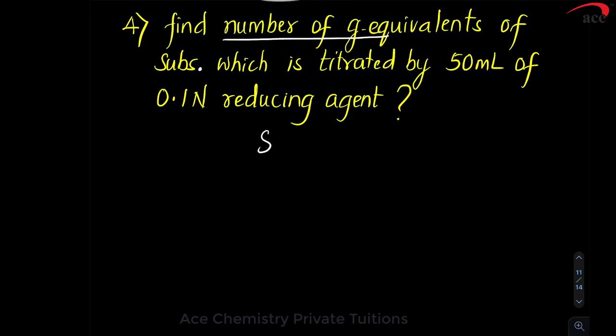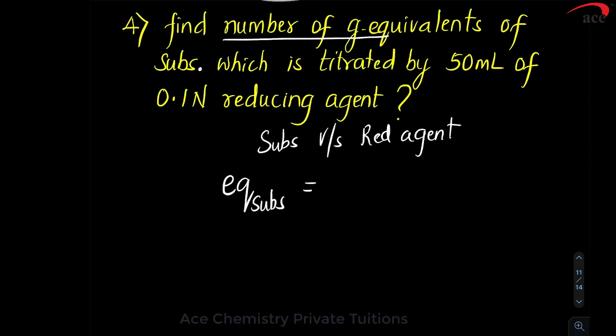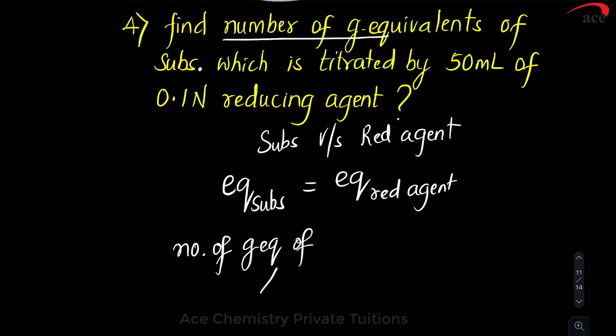Find the number of gram equivalents of the substance which is titrated. They are asking the number of gram equivalents. The substance is titrated against a reducing agent. So can I say EQ of the substance will be equal to EQ of the reducing agent? Correct. By the way, what do you mean by EQ?